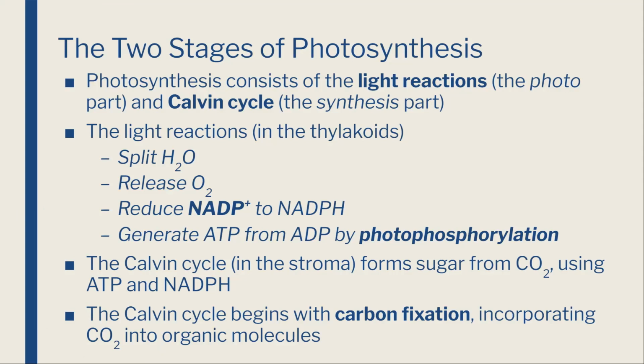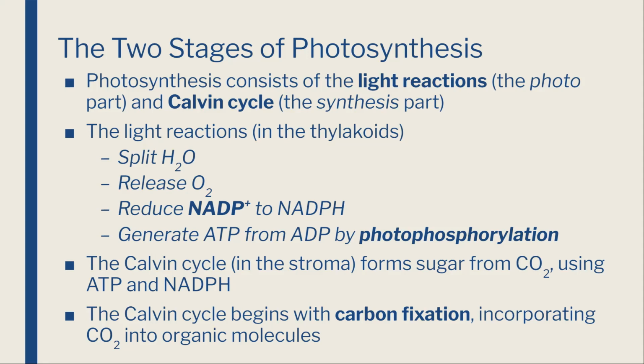In the light reactions, water is split, and as a result of the splitting of the water, oxygen is released as a byproduct. And then we also have the reduction of NADP+ to NADPH. NADPH is an electron carrying molecule that will carry the electrons to the Calvin cycle to drive that reaction.